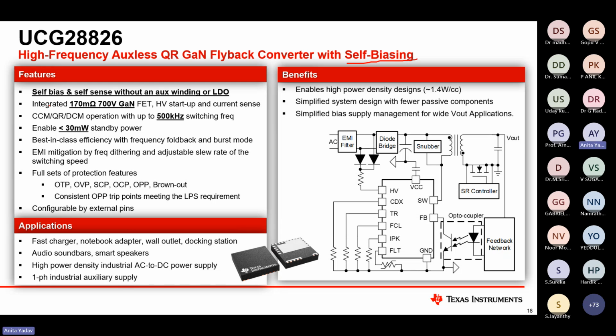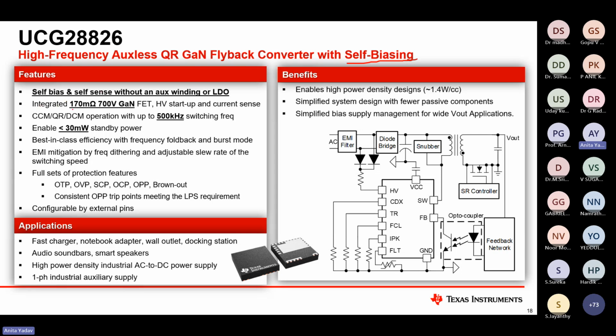Feature wise, it has self bias and self sensing without an aux winding or LDO. Generally, when we use an aux winding on the transformer, the purpose is to generate the VCC bias as well as sense the output voltage for different reasons, like if you want to implement some protections or sense to define its operating points. So those things have become self biased and self sensed.